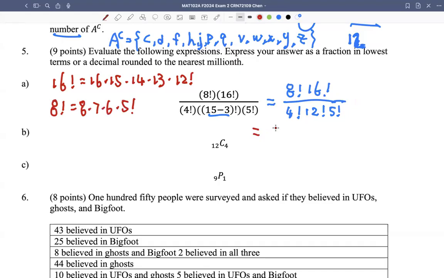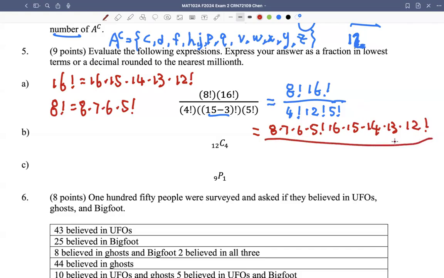So 8, I'm going to write as 8 times 7 times 6 times 5 factorial. 16, I'm going to write as 16 times 15 times 14 times 13 times 12 factorial.